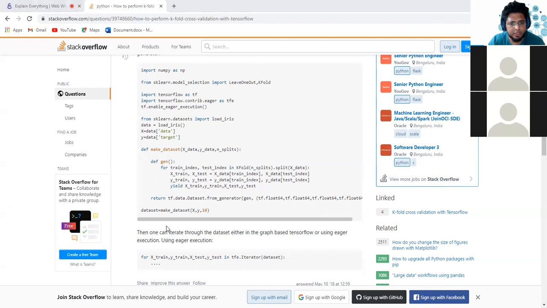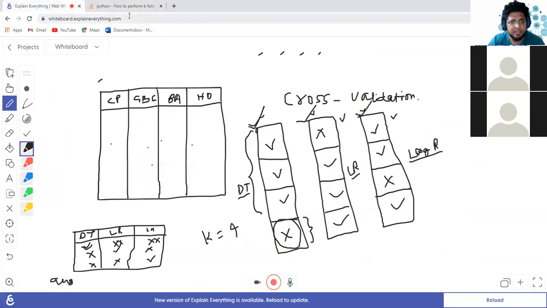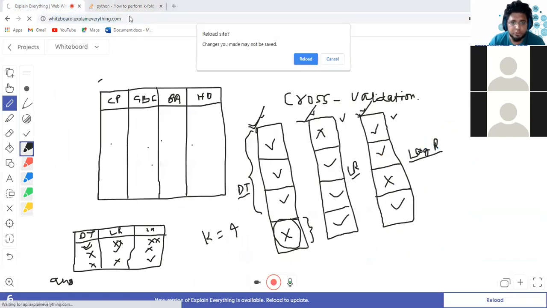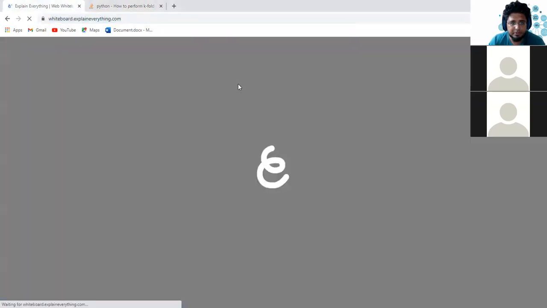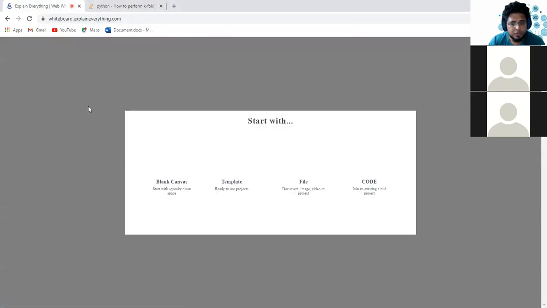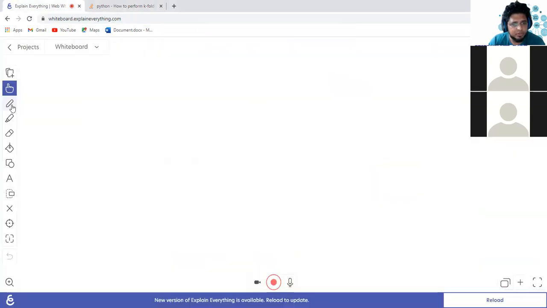Like k-fold, the confusion matrix also helps us understand which algorithm to use for which type of problem. I'll explain what this is. This confusion matrix is a little important, so try to keep your focus on this.